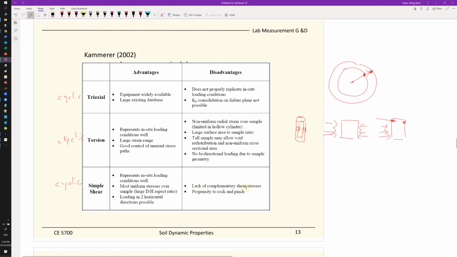But there are also some limitations of this type of testing. First of all, when you run one simple shear test, this is the specimen in situ. You will apply the shear stress, right?